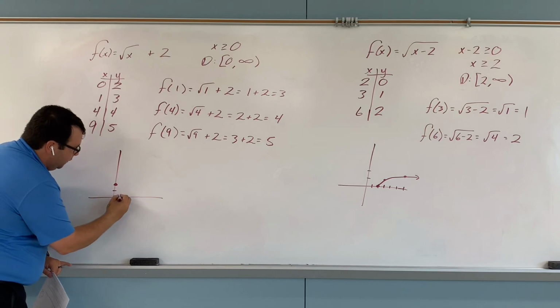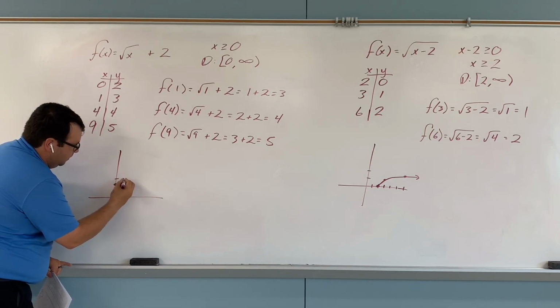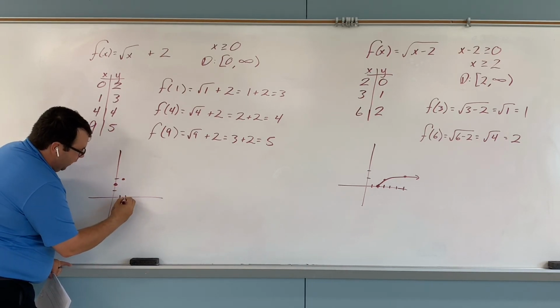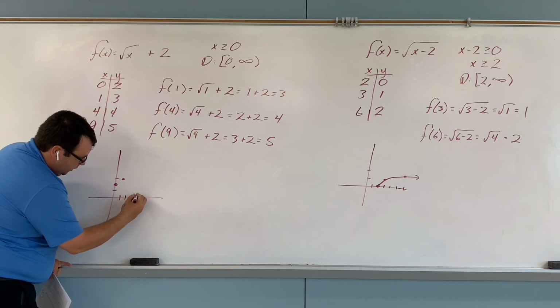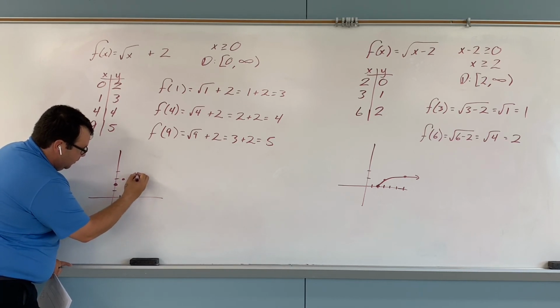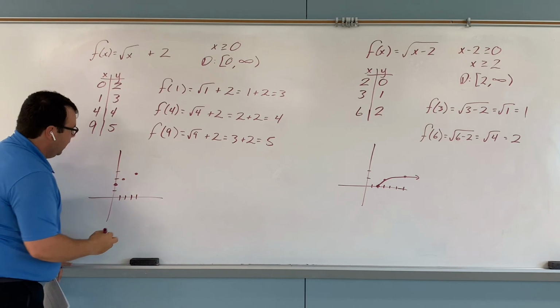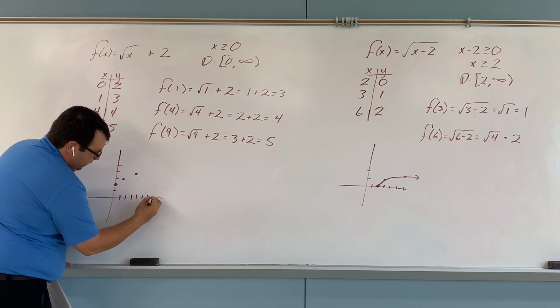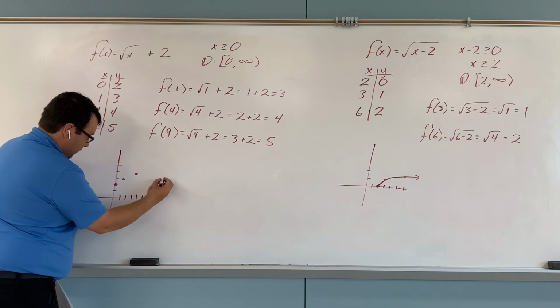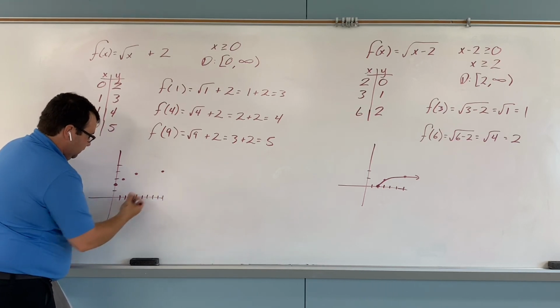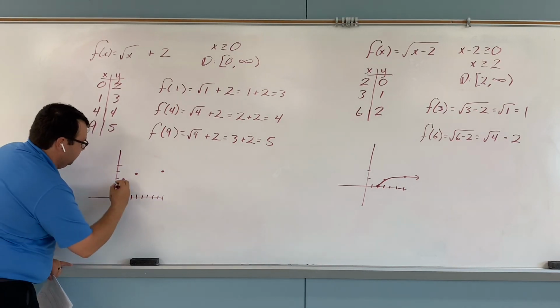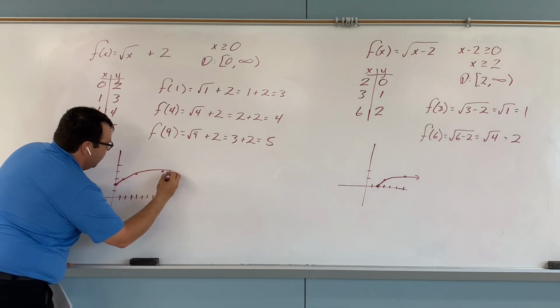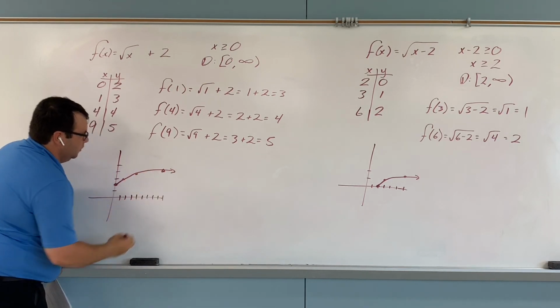At 1, 3, I have a point. At 4, 4, I have a point. At 9, 5, I have a point. So that's 4, 5, 6, 7, 8, 9. Roughly there. And so you can see my curvature just like so.